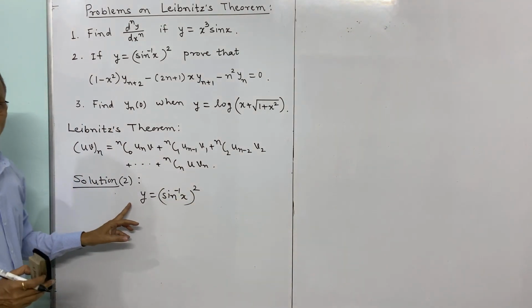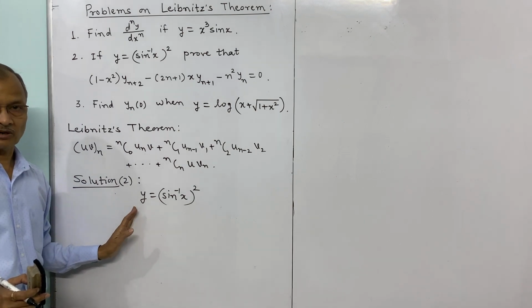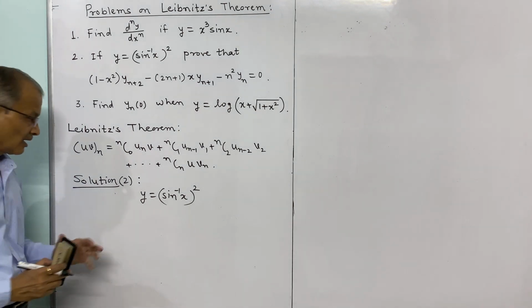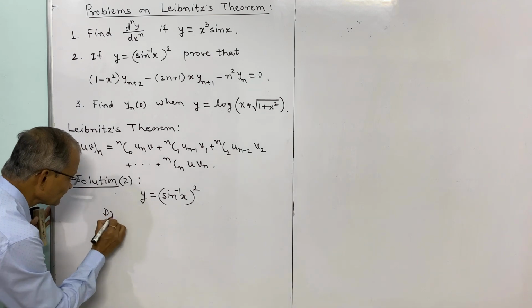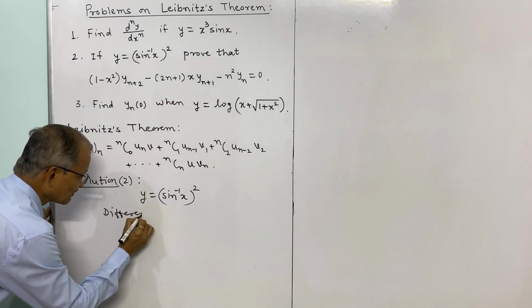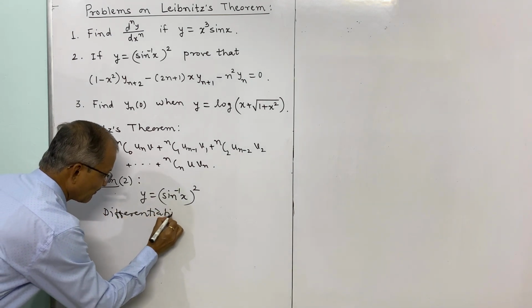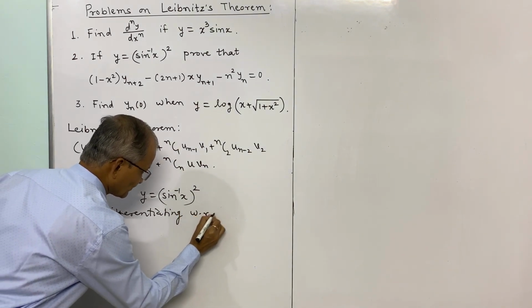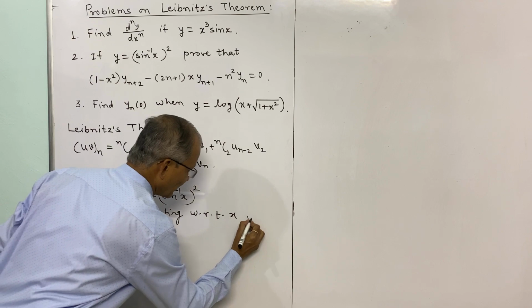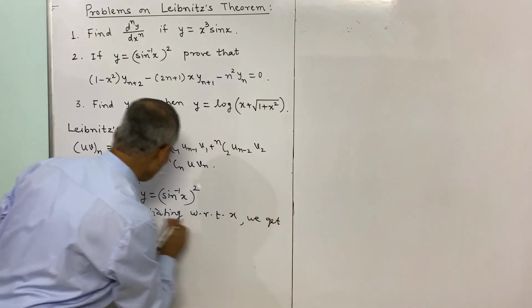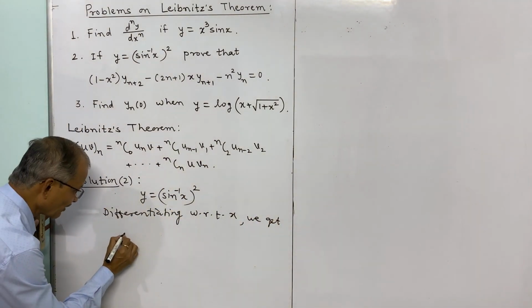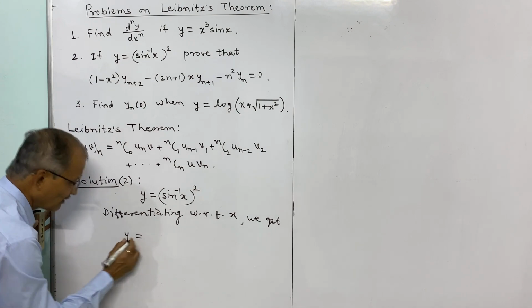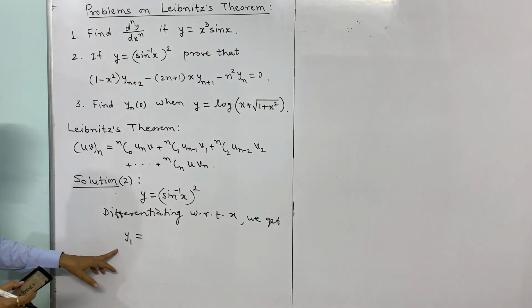Now we differentiate this one by one, first order derivative. Differentiating once with respect to x, we get the derivative of y. First derivative we are obtaining only y1, the first derivative of y.